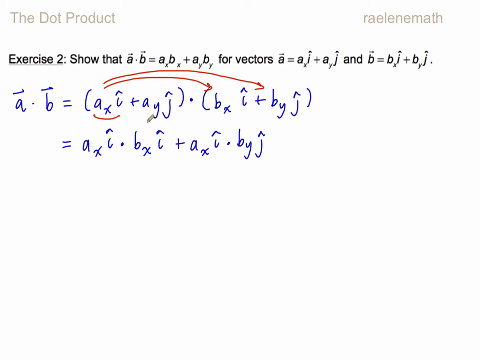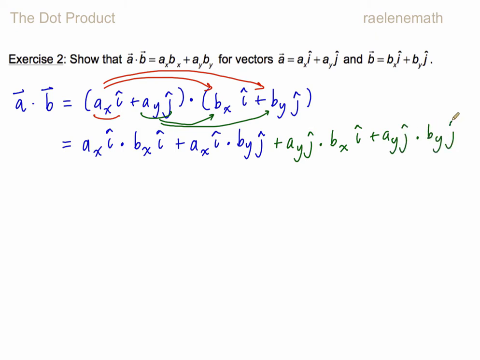And I'm going to repeat the same thing with the second term of the first vector. It's really nice using the standard vector notation here because we can borrow from our prior knowledge of the regular algebra rules of distribution. The next term we get is ay j hat dotted with bx i hat, and then we have ay j hat dotted with by j hat.